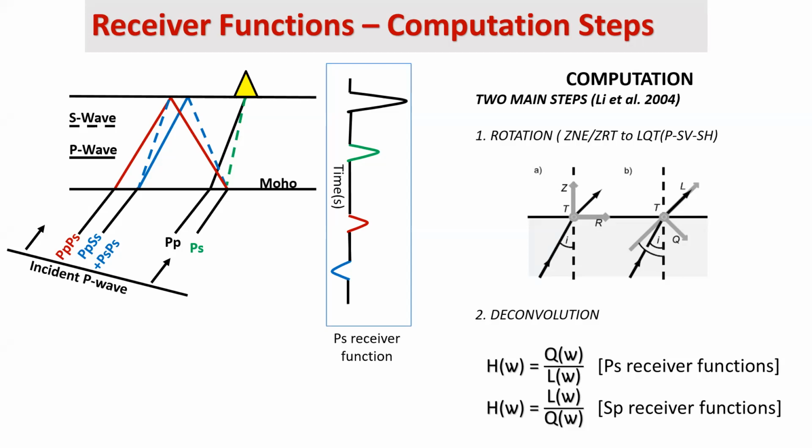So for a small scale feature, like the expression of a fault beneath the subsurface up to a 5 kilometer depth, you will have to place your stations very closely. Okay, sir. Thank you.